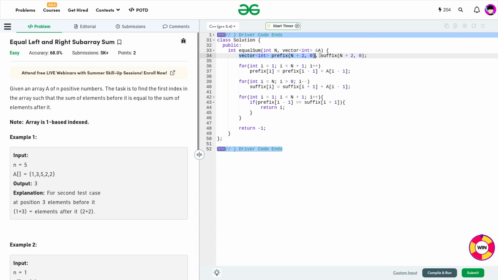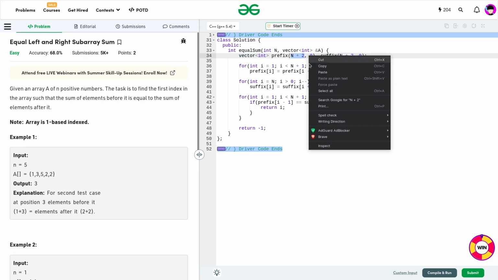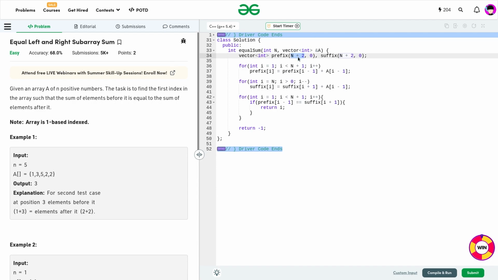So I've created two vectors, prefix and suffix, both of size n plus 2, right? I've created them of size n plus 2 so that for the prefix vector, I have a space before the starting index 1, and for the suffix vector, I have a space after the ending index n, right? So the indexing will be from 0 to n plus 1.